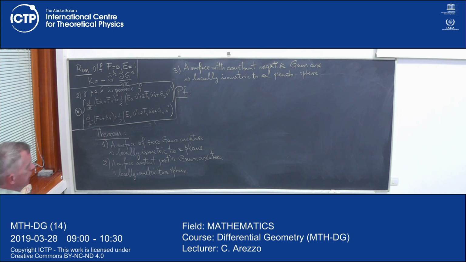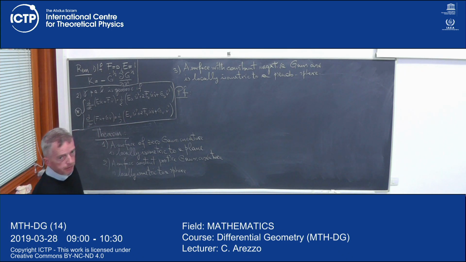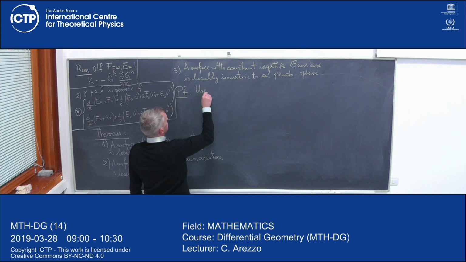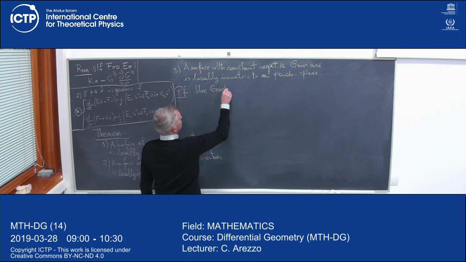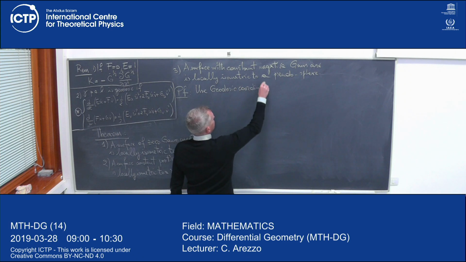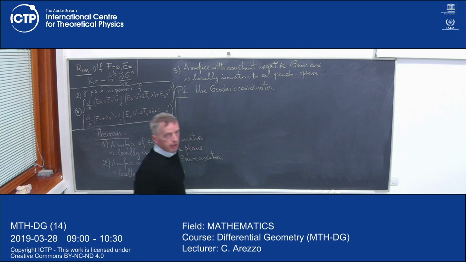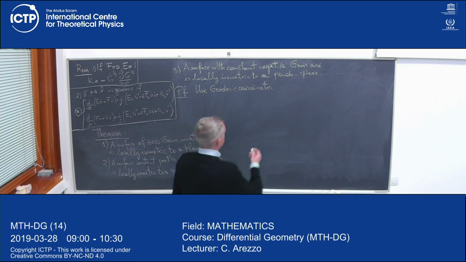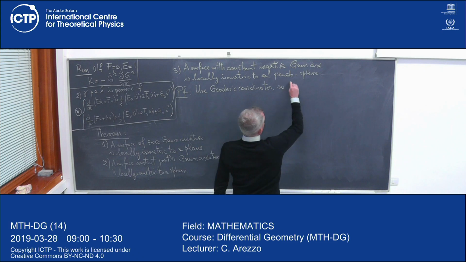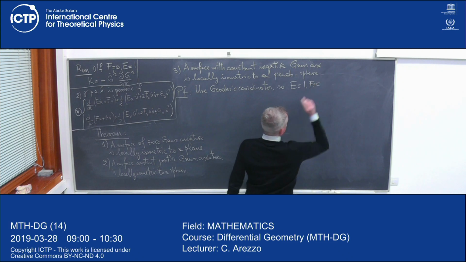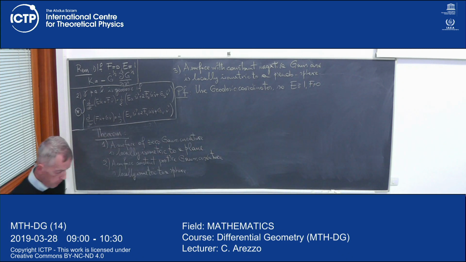The point is, first, in all cases, whatever surface we have, we use geodesic coordinates. So the first fundamental form of any surface we are looking at will look like this.